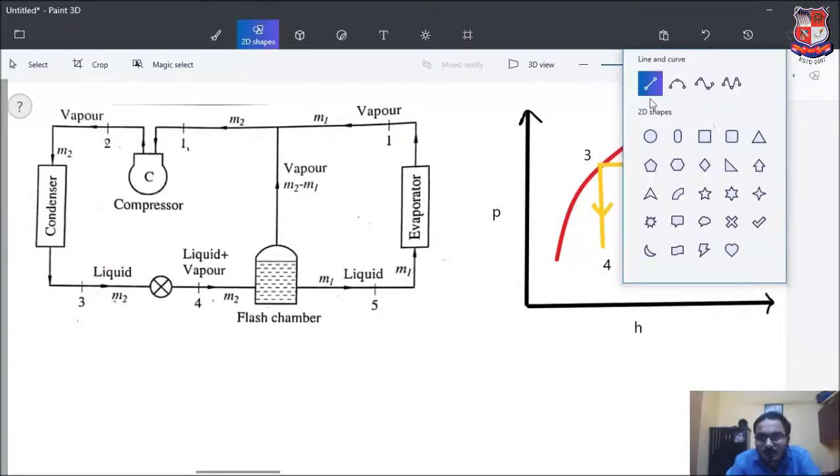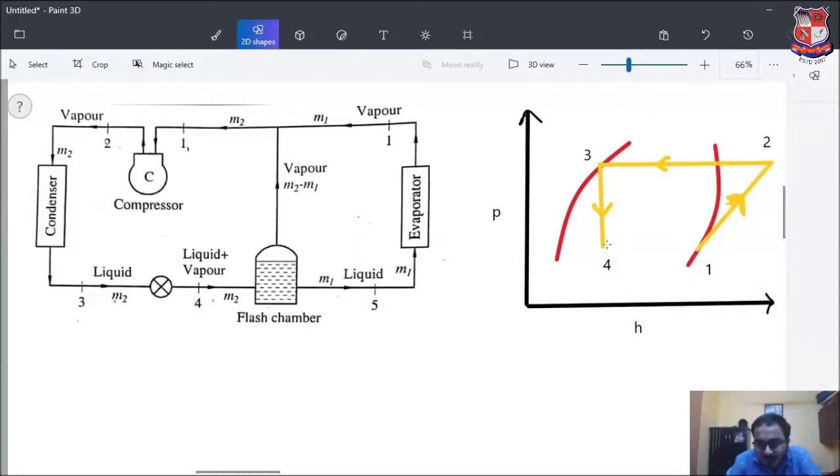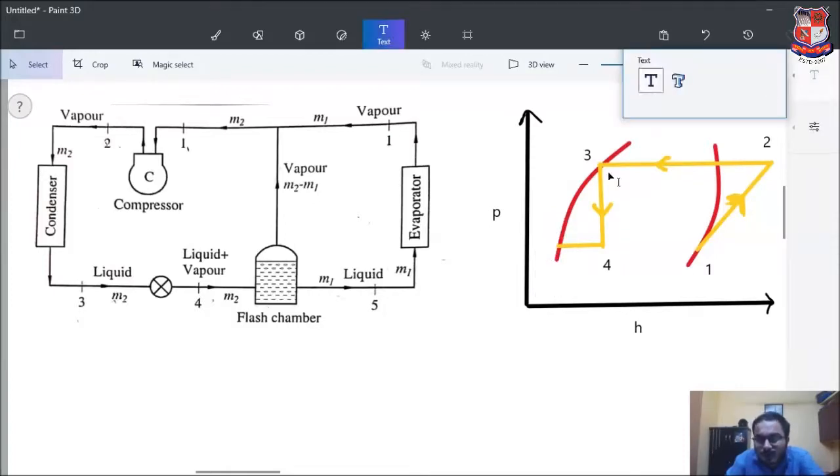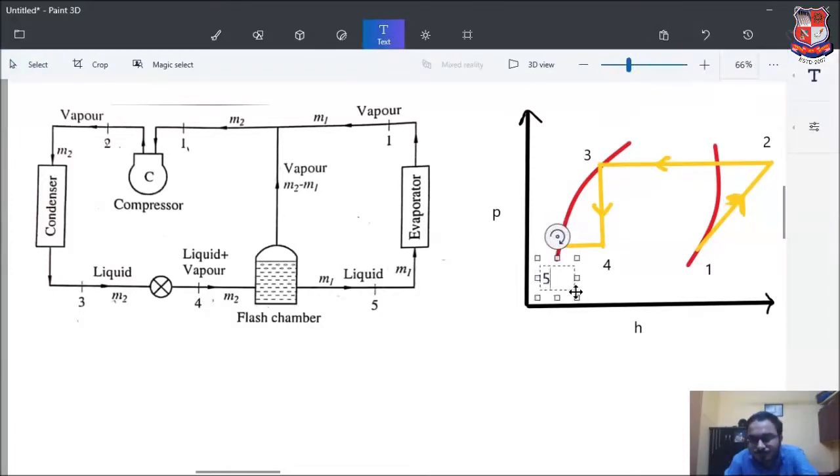So the separation which is happening here is from 4 we are going to 5. This will be our point number 5.